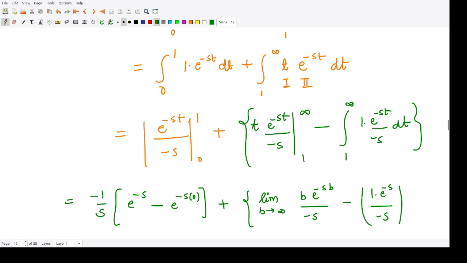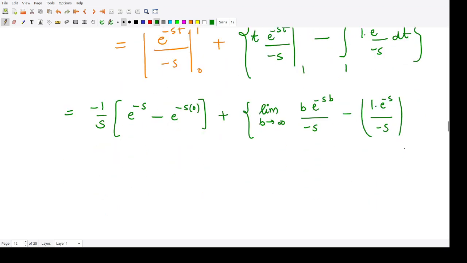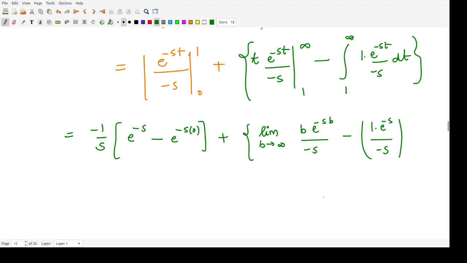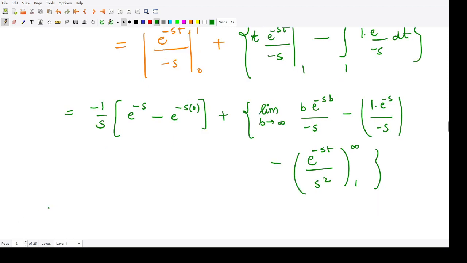So this is what you get. And when you perform the integration of the second term, you would have minus e to the power minus st divided by s square, with limits from 1 to infinity. So the first term becomes minus 1 by s e to the power minus s, and the second term becomes minus of minus 1, so we would have 1 by s here.